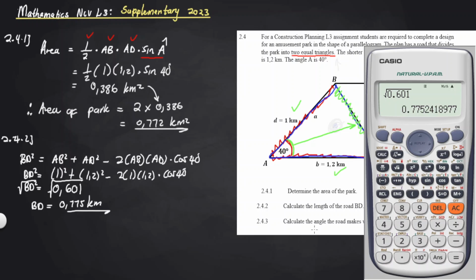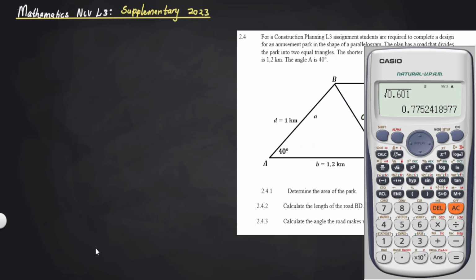Alright, calculate the angle the road makes with side AD. Interesting. Okay, we have this length as 0.775 kilometers. This I can hide.